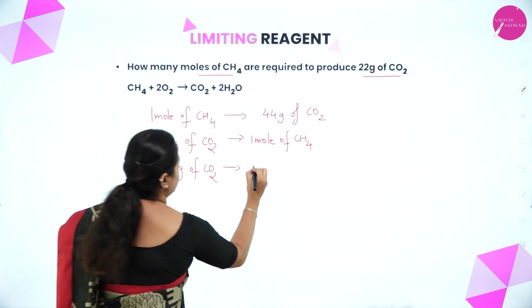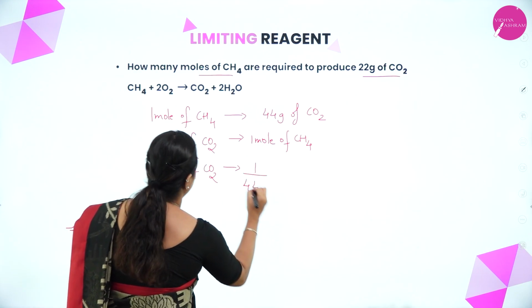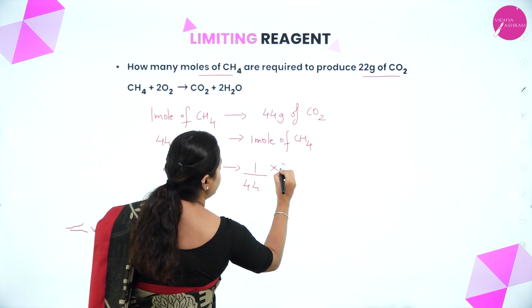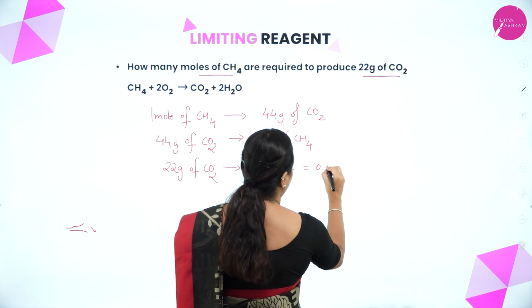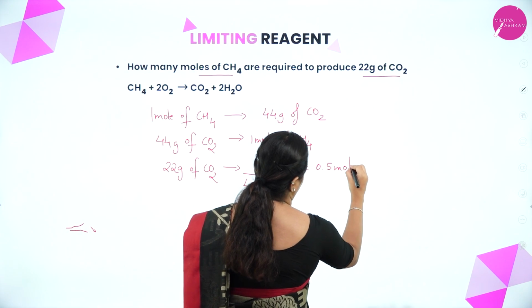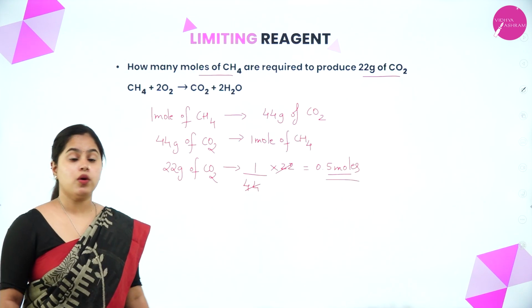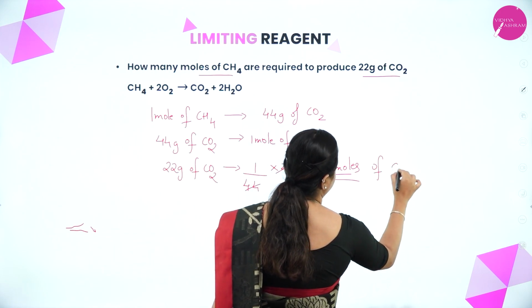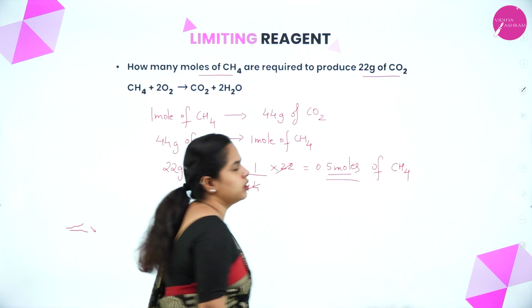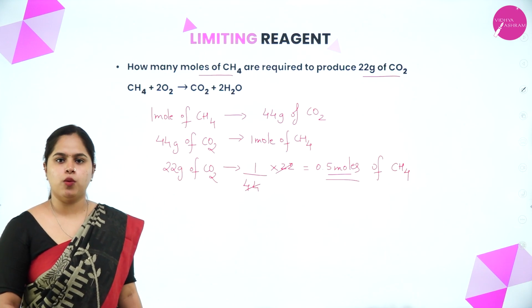It's basic calculation. It will be 1 divided by 44, multiplied by 22. So it will be 0.5 moles. So you require 0.5 moles of CH4 to obtain 22 grams of carbon dioxide. I hope it is clear.